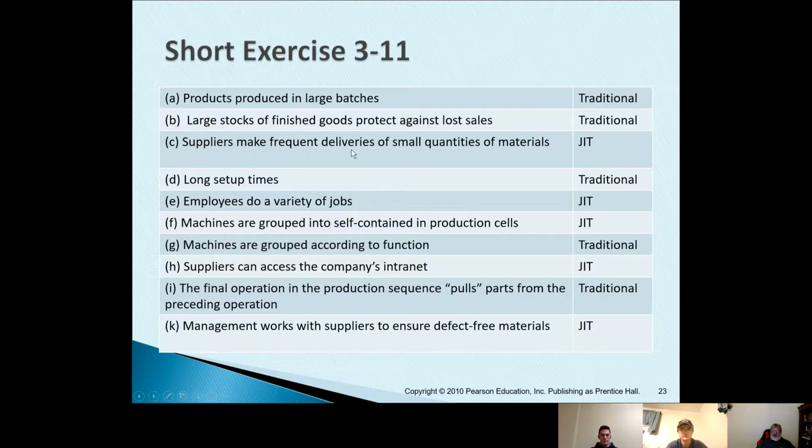But when your suppliers are making frequent deliveries of small quantities of material, instead of buying it in bulk all at once so it sits there, instead of getting 1 delivery every 2 weeks you get 4 deliveries, one about every 3 days, that's a just-in-time system, where we're only bringing in enough material as we need for the production we're going to do over the next 3, 4, or 5 days. So that's what this chart is. You can go down it and read through it and make sense of it yourself.